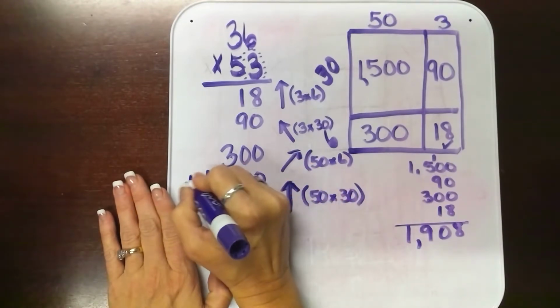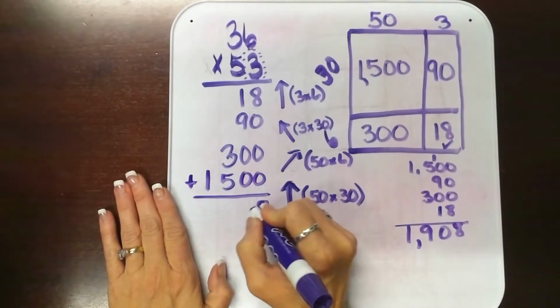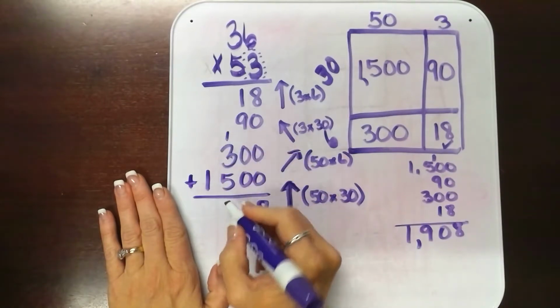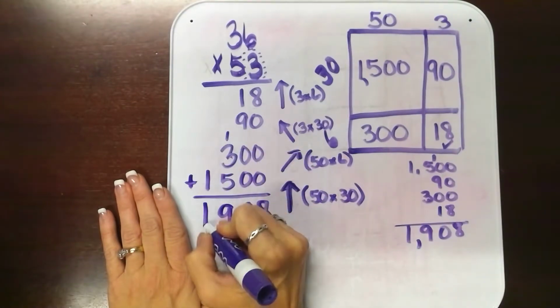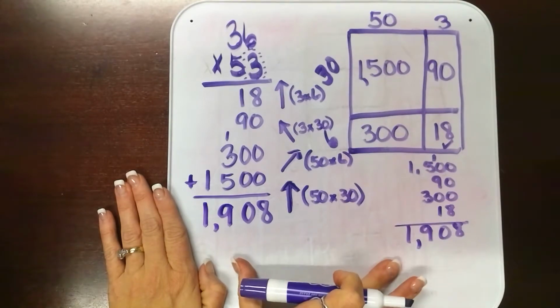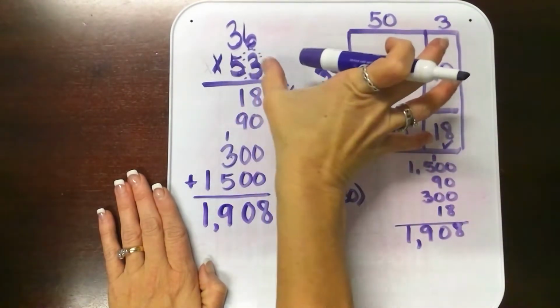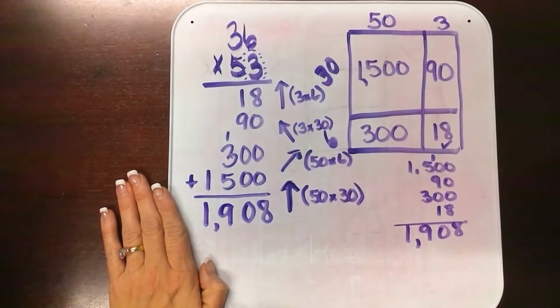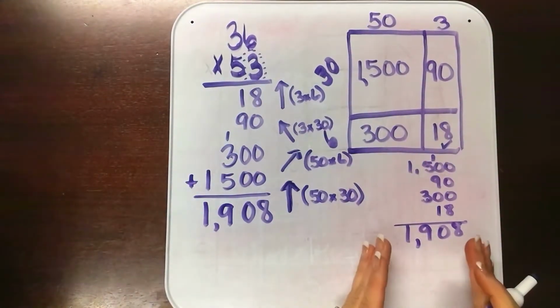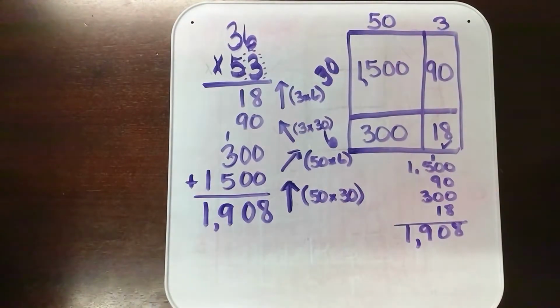And so then we just add all of our partial products together to get the answer. These two answers match, and I can go through and match my partial products, and I know I've done it. Okay, so that's how I can link the array model to partial products.